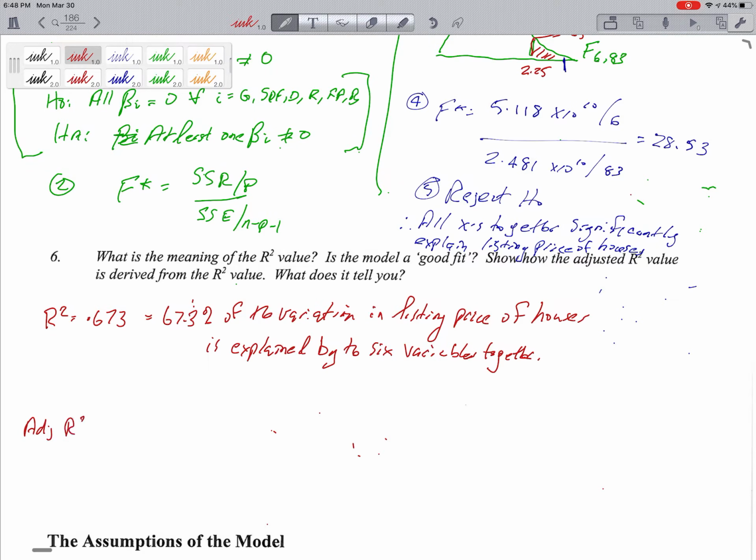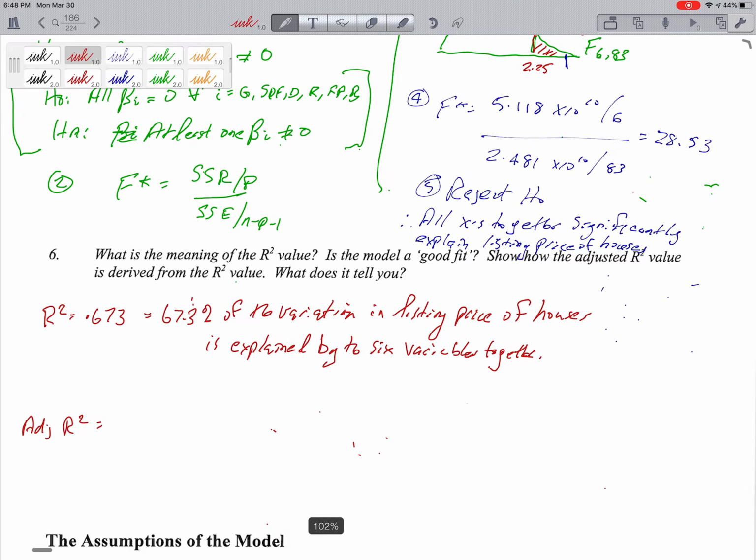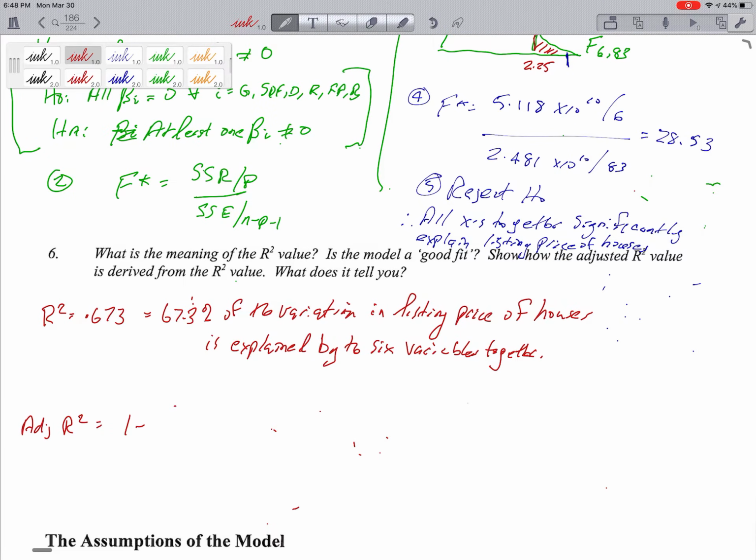The adjusted R-squared value is found by this kind of goofy formula. It's at the bottom of page M7, and so it's equal to 1 minus, and then there's an adjustment here for degrees of freedom. It's 1 minus R-squared.